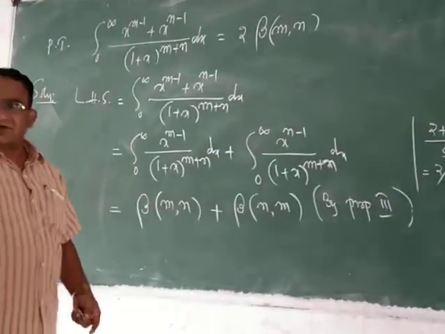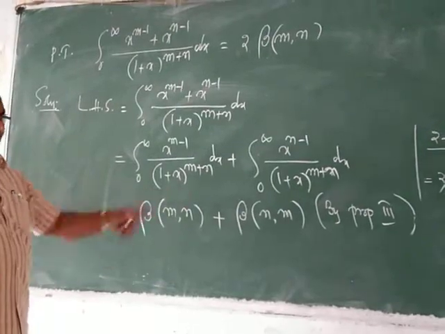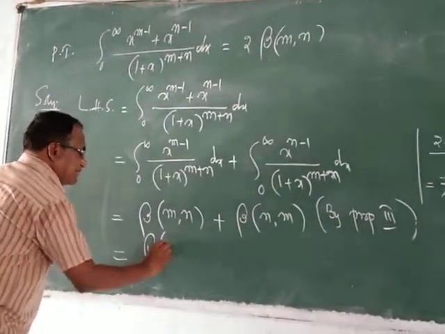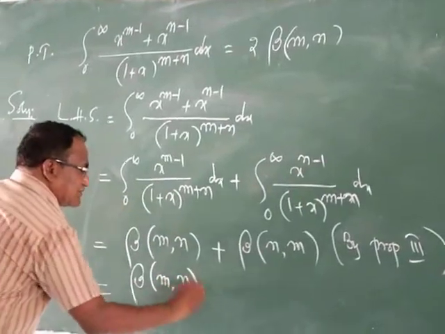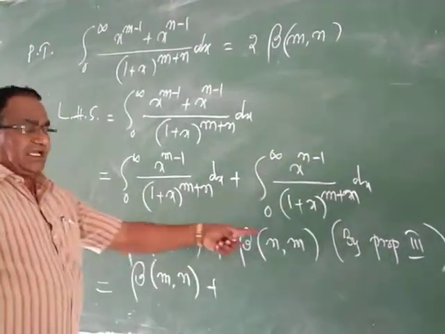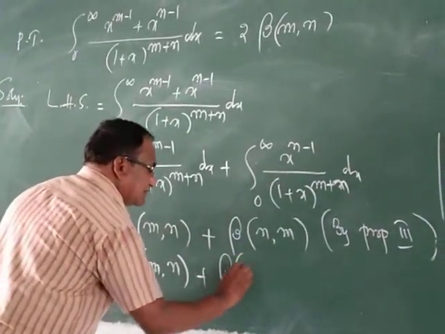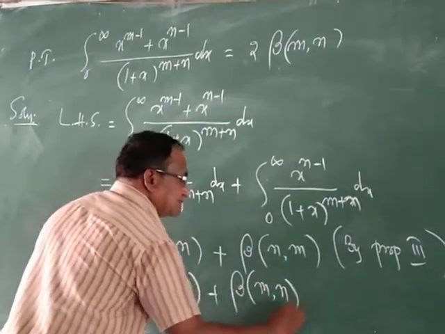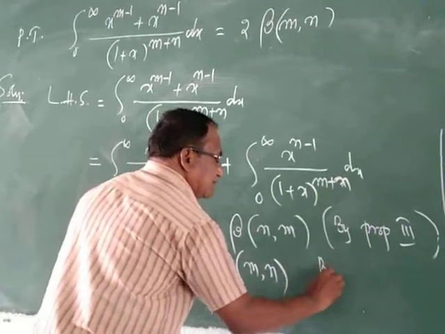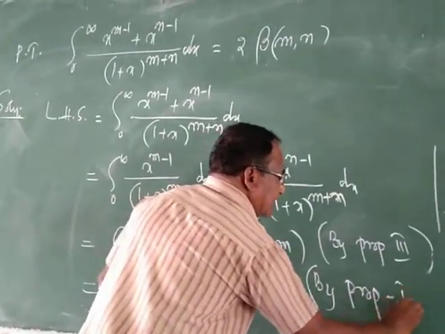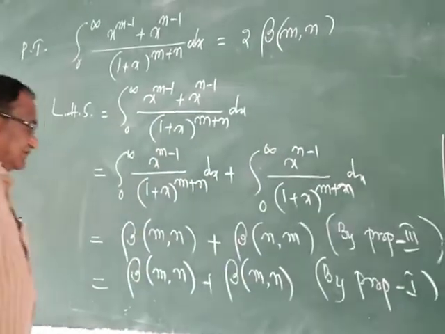That is another form of the beta function. Now this is beta(m, n), the first term as it is, plus beta(n, m). By the symmetric property, this can be written as beta(m, n). This is by property number 1.